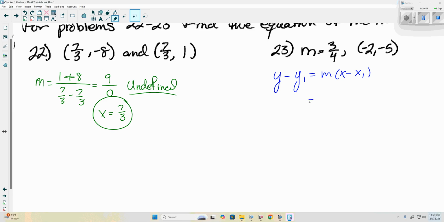Now here, they told us the slope was 3/4. Now our point, -2, -5. Plug -5 in for y, -2 in for x. And in both of these places, we do have that negative, so it's going to make it positive.